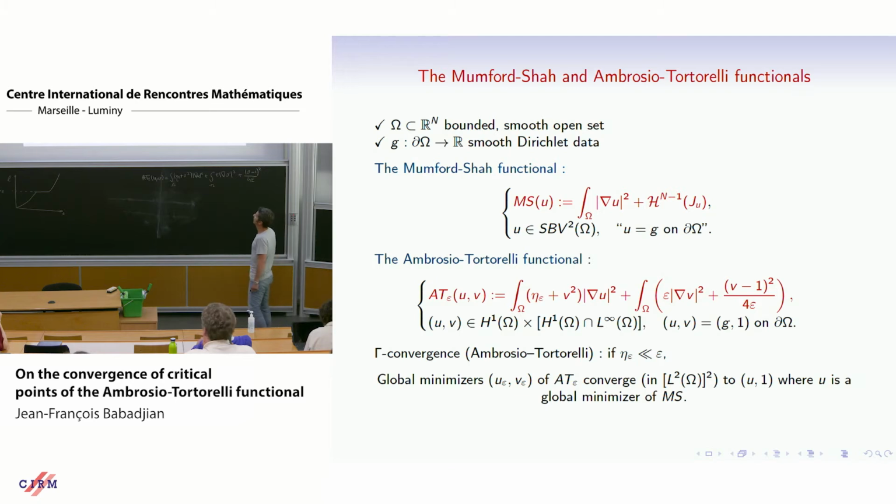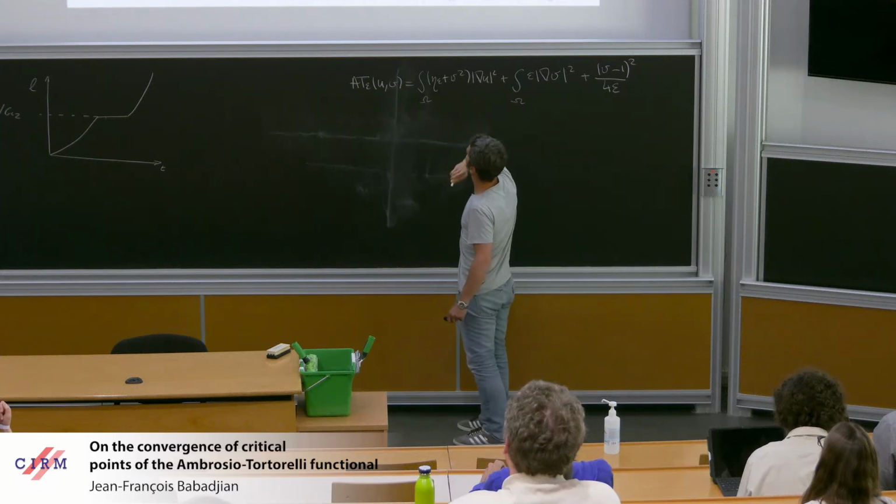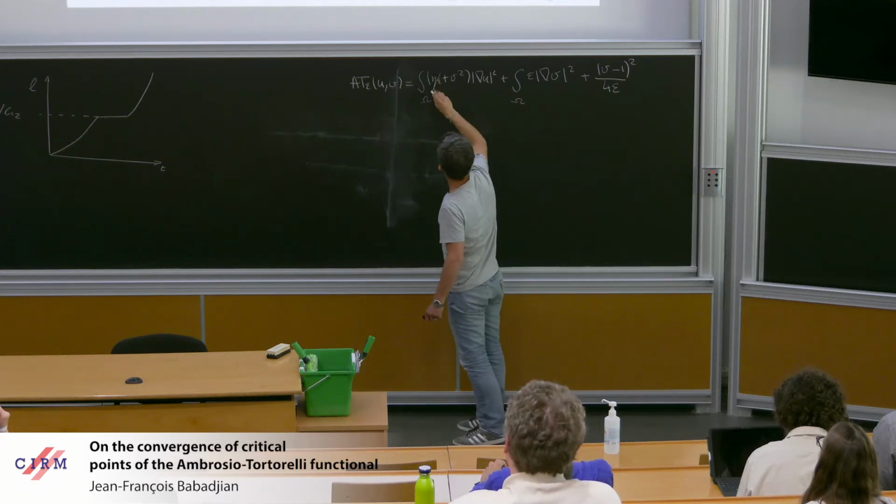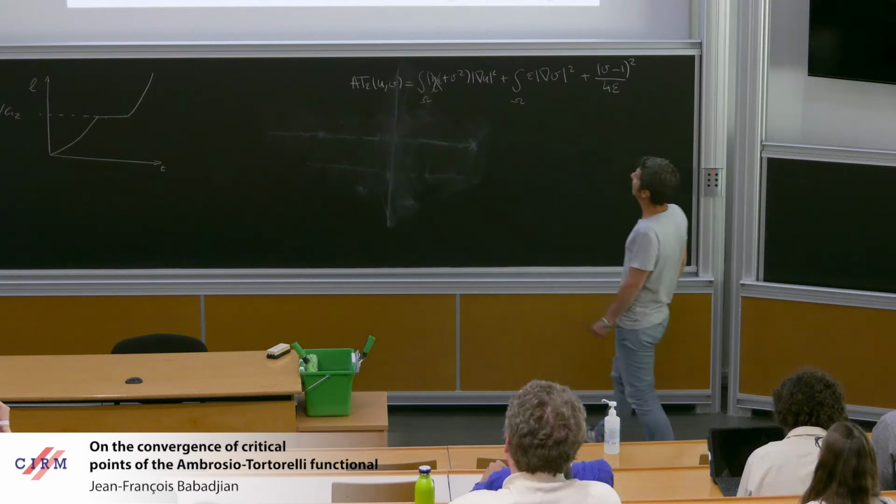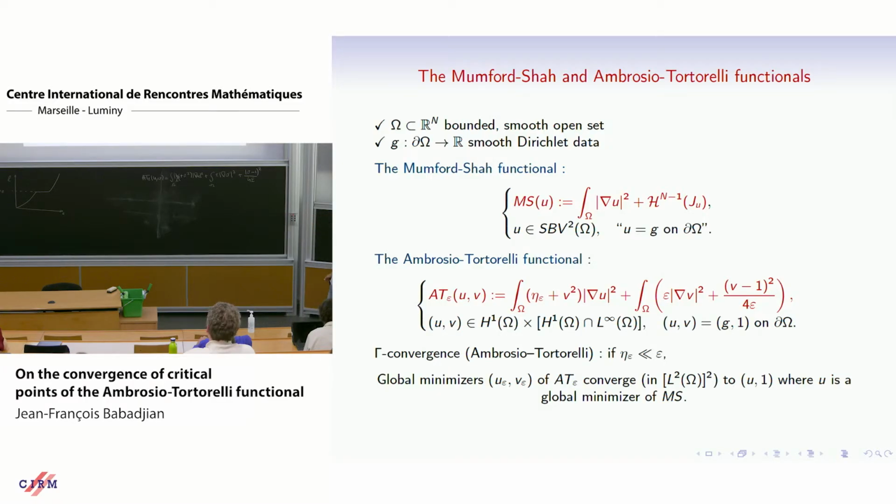And the connection between these two functionals has been established by Ambrosio and Tortorelli, who showed that the Ambrosio-Tortorelli functional gamma converges to the Mumford-Shah functional as this small parameter goes to zero, but in the sequel I'm going to forget about it. As a consequence of this and of the fundamental theorem on gamma convergence, global minimizers of this functional will converge to global minimizers of the Mumford-Shah functional.